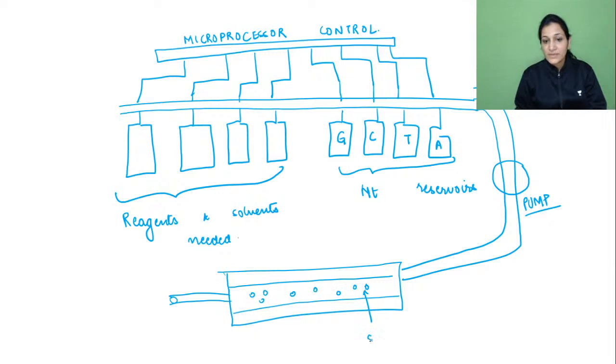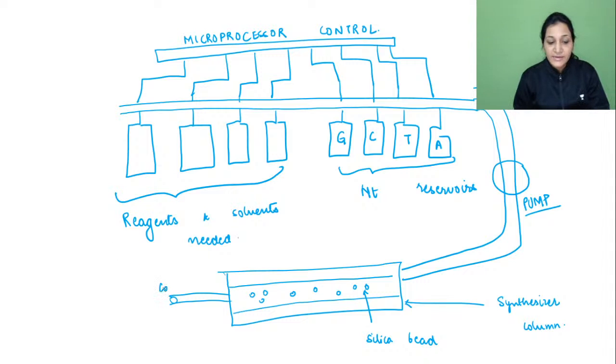These are the silica beads. And this column is also called the synthesizer column. Right, and this is the collector tube, collector, and this is for waste. So this is how the whole processing of the gene machine looks.